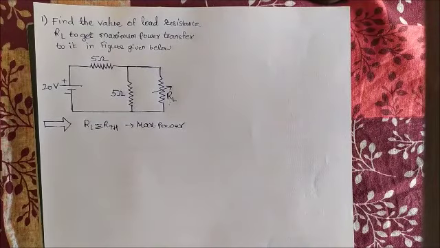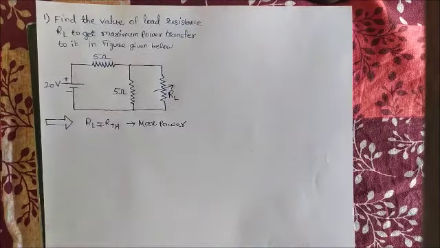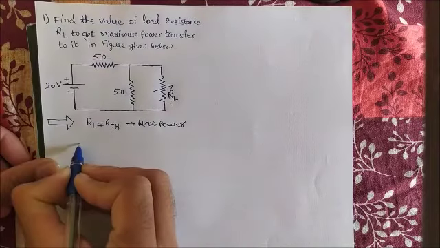Now remember how to find the Thevenin's resistance. See here, this is your load resistance. We have to open circuit this load resistance. After open circuiting it, the circuit will look like this.